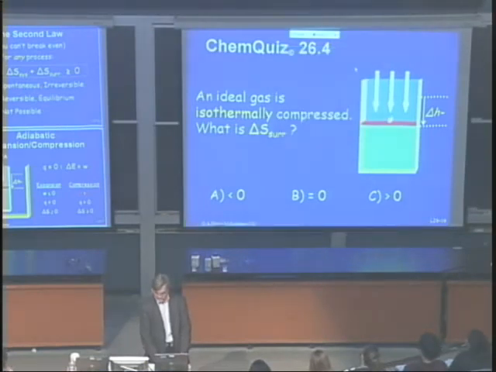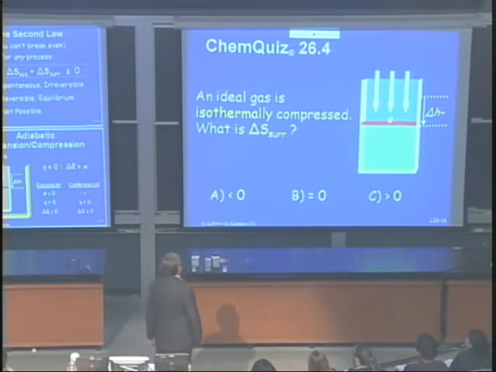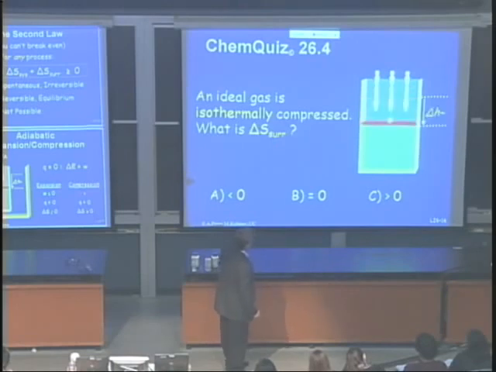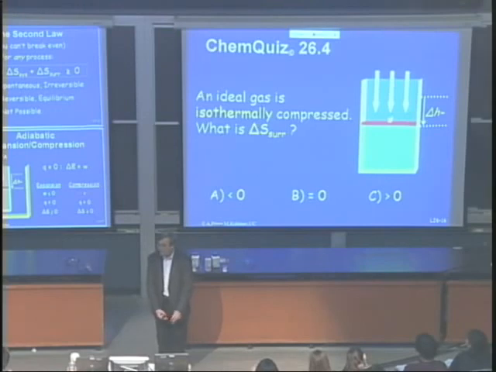So let's first look at the system itself. We have isothermally compressed. So we do work, I'm looking at the system, not what this question referred to, just at the system. We compressed it isothermally, we do work on the system, the energy of the system goes up, okay?